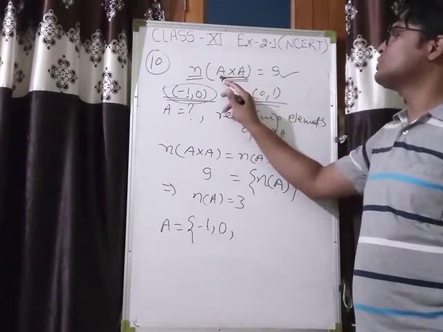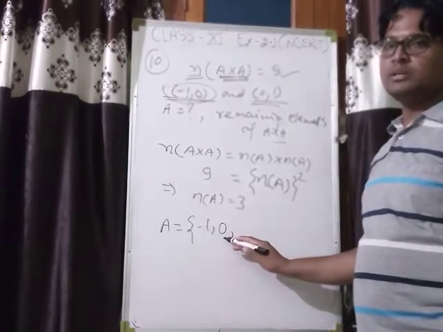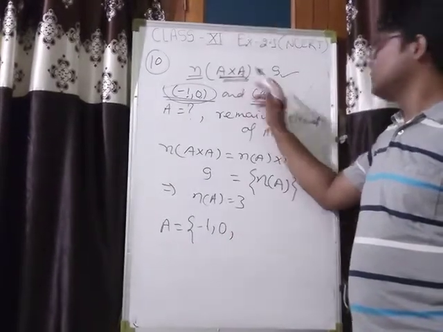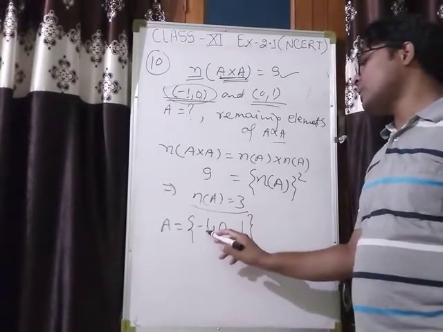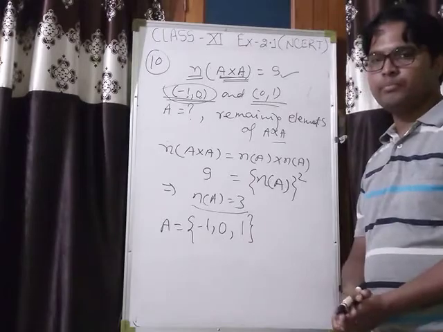Clearly 0 belongs to A, which we have already written. 1 belongs to A, so 1 will also be in A. How many elements in A? 3, and those elements are -1, 0 and 1.